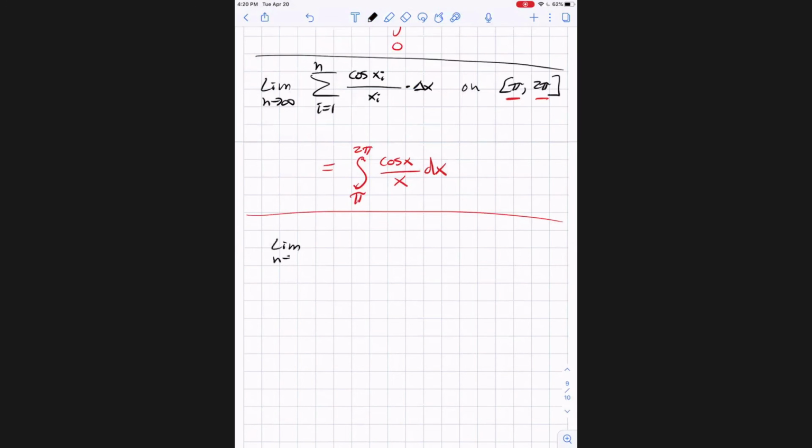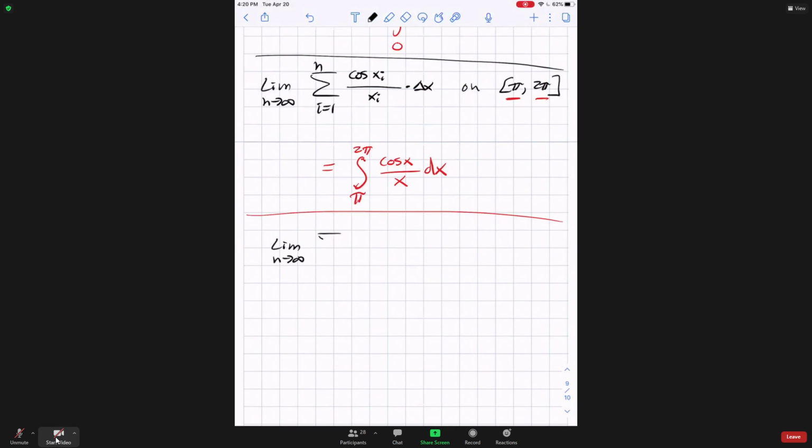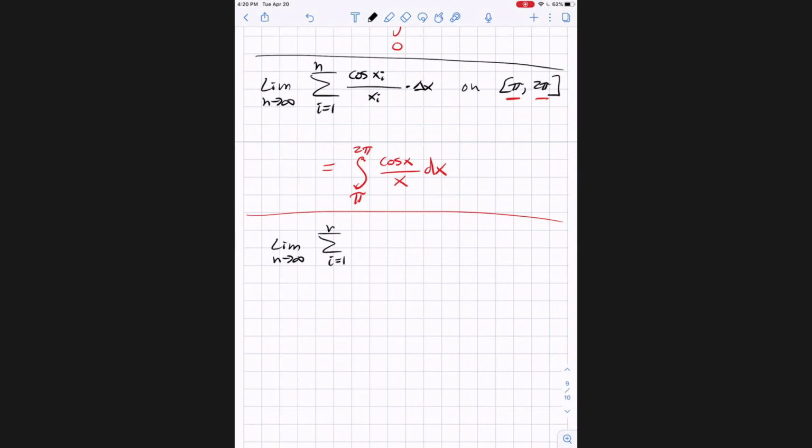The limit as n goes to infinity of the summation from i equals 1 to n of x sub i star. Sometimes it has a star, sometimes it doesn't. It doesn't make a difference. All right, do that one.